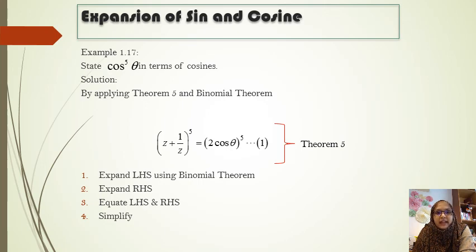So first, expand the left hand side using the binomial theorem, and then expand the right hand side. Okay, so this is the left hand side, this is the right hand side. We equate the left hand side and right hand side, and then we simplify it so that it is written in terms of cosine.